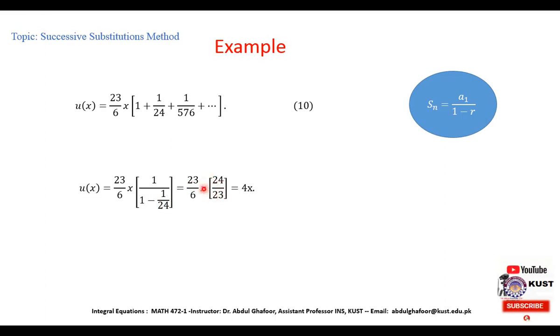Now 23 and 23 cancel out, and 6 into 4, that should be 24. So 4 into x, that should be just 4x. Now this u of x equal to 4x is the solution of the integral equation 7 by using the method of successive substitutions.